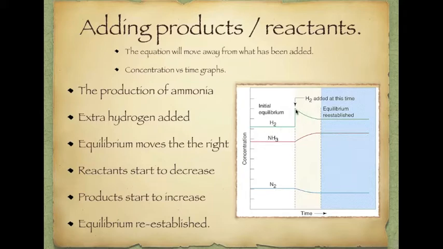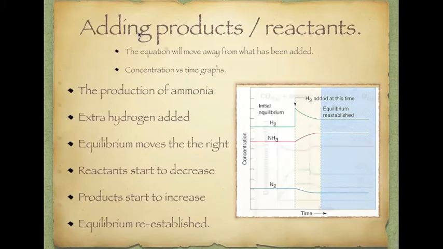This will go down 3 times as much as the nitrogen because of that ratio. And the ammonia is going to go up twice as much as the nitrogen goes down, because of that 1, 2, and 3 ratio, because that's what the coefficients are in the equation. Hopefully that makes sense to you. But addition of products or reactants moves to oppose that change.